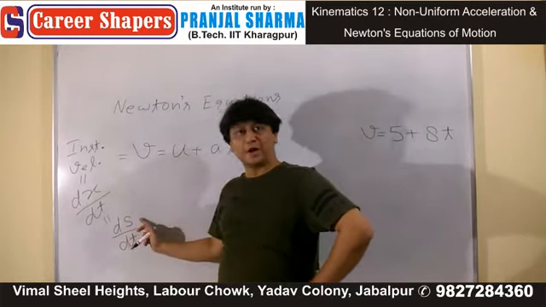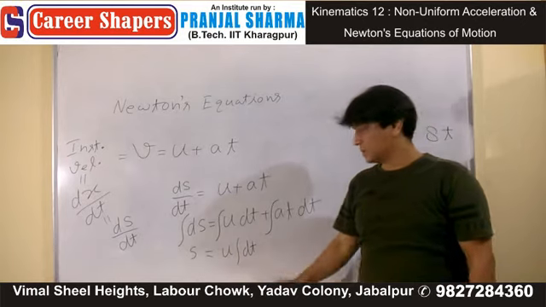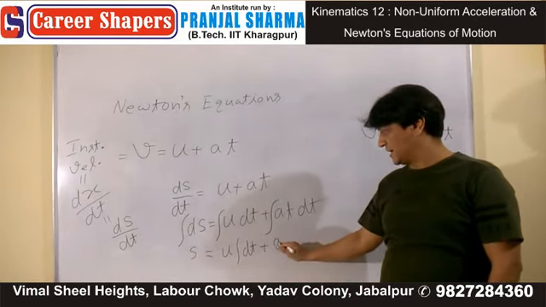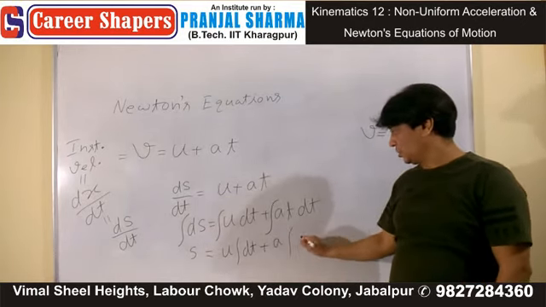Look, this is plus, so you can always integrate something like this in this form. Now, what is the integration of ds? s. What is u? u is a constant number, just like 5. If it's a constant number, take it out. You're left with dt. What is a? a is a constant number. Take it out. You are left with what? t dt.